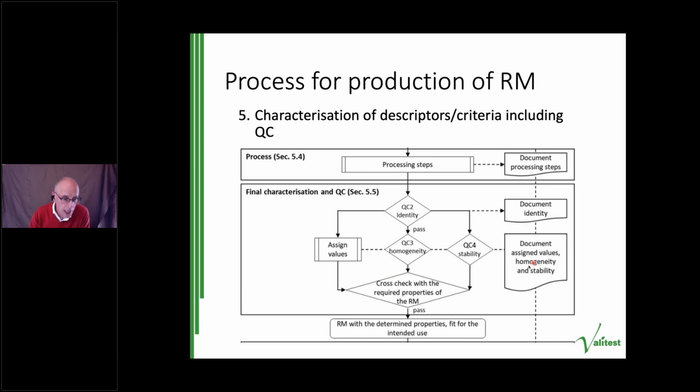You need to document everything, and you need to cross-check with the things that you have predefined because you have, in your first phase, identified what properties your reference material should have. When everything's okay, when everything's passed, then basically you end up with reference material, right, with the determined predefined properties, which is fit for the intended use.